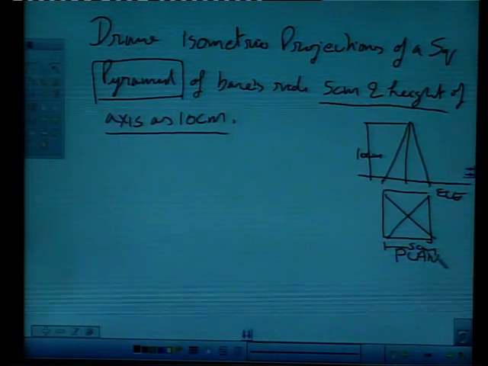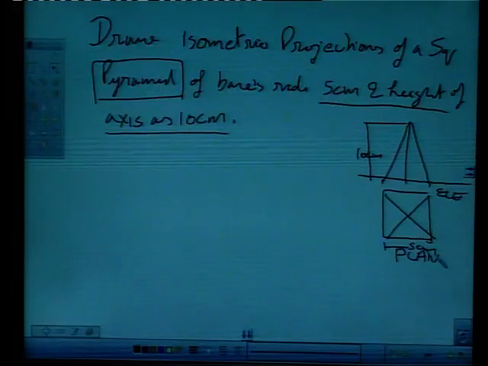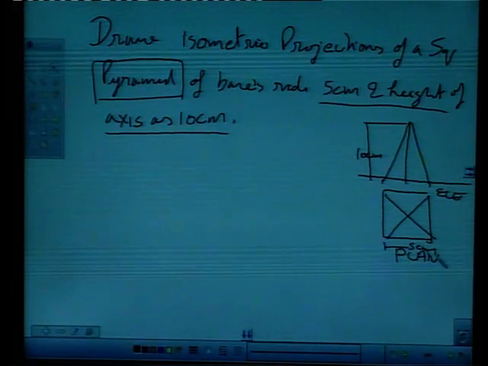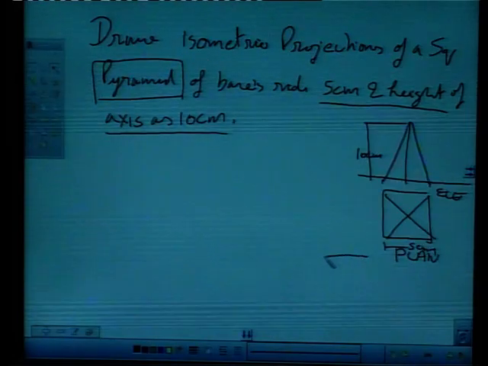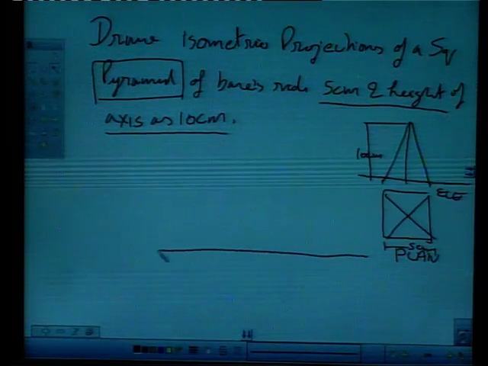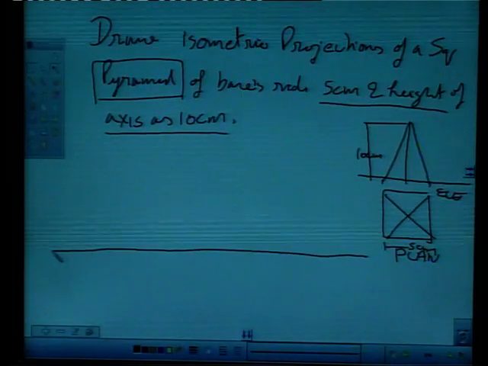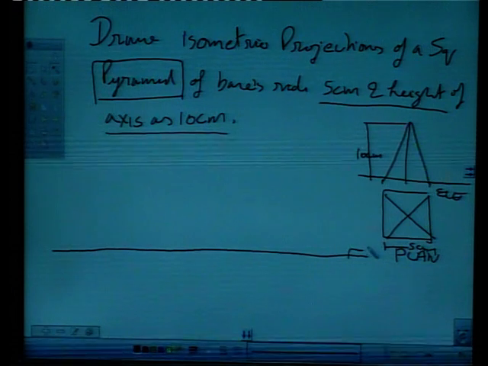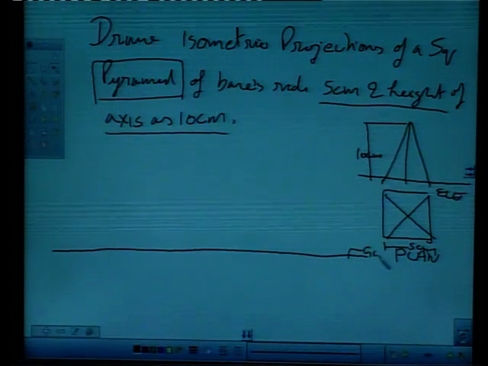right. For drawing its isometrics, we will start with our basic steps. For drawing any isometrics, we start with a straight line, horizontal line, right. This line is say ground line, GL, right.